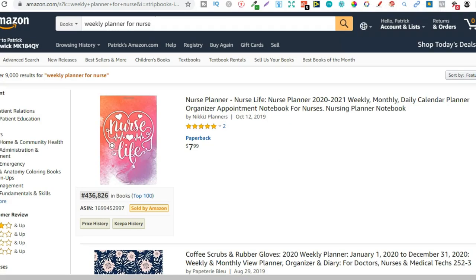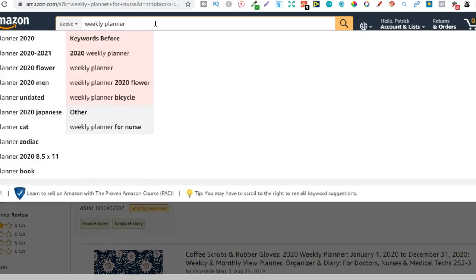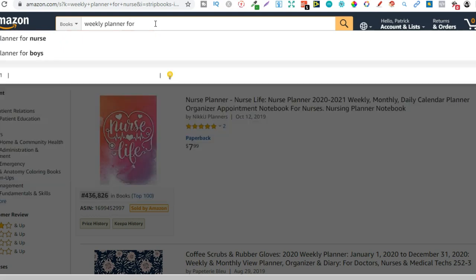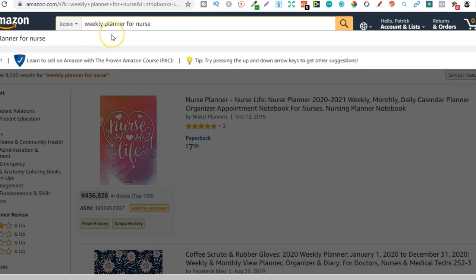So if we go back over to Amazon, we got one here, a weekly planner for nurse. So how do I know that people are actually searching this? So it's easily a little bit of keyword research. So weekly planner pulls up all this information, and then we got nurse or boys, and if we carry on doing that, weekly planner for nurse.